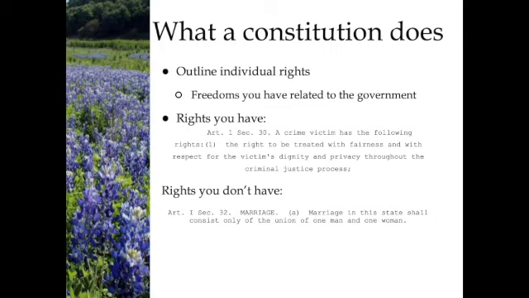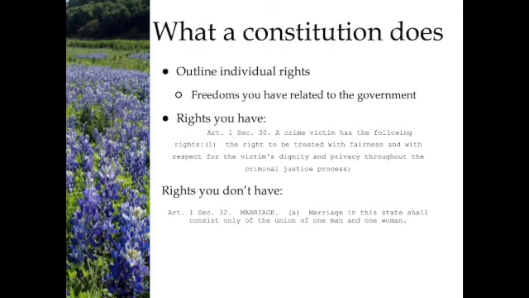And some of these are rights that you do have, like, for example, Article 1, Section 30 of the Texas Constitution, which says you have the right, if you're the victim of a crime, to be treated with fairness and with respect and dignity and privacy throughout the criminal justice process. That is a right you have if you are ever a victim of a crime.